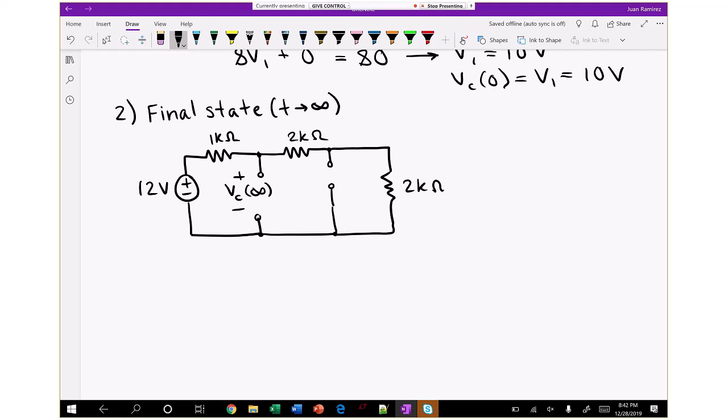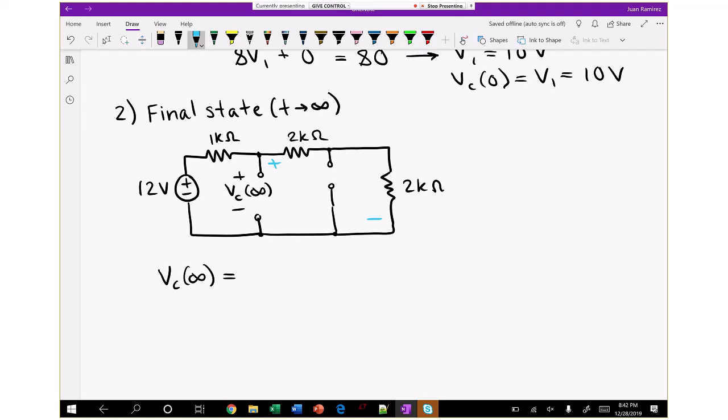Okay, so I could use simple voltage division to find what my capacitor voltage would be here, right? Because the 1K, the 2K, and the 2K are in series. So VC of infinity would be equal to the voltage between this point and this point.